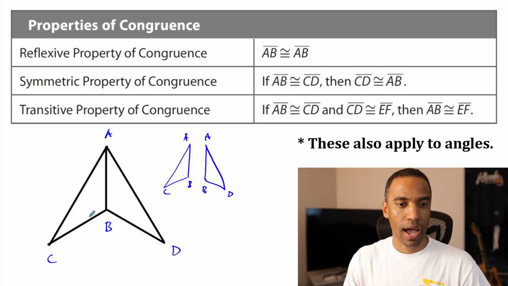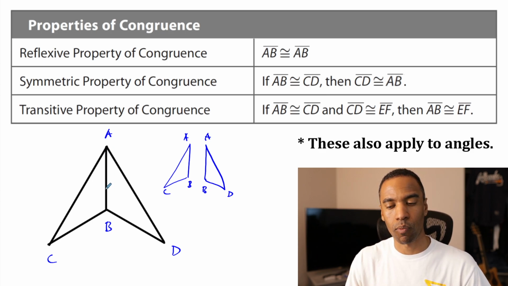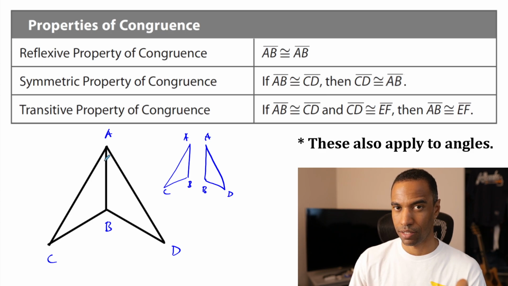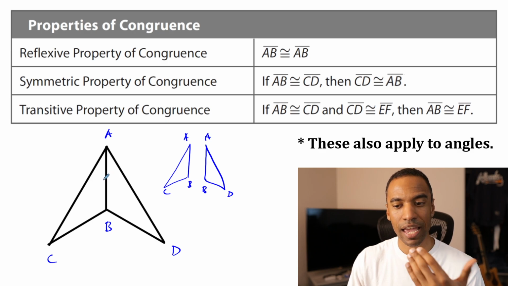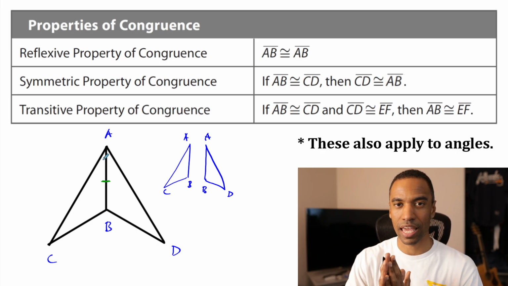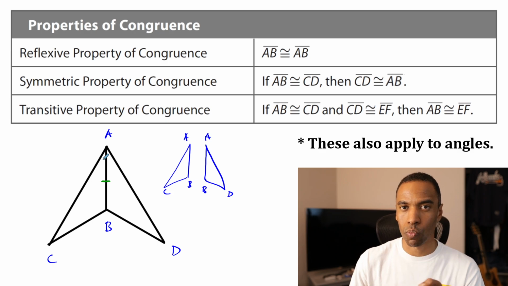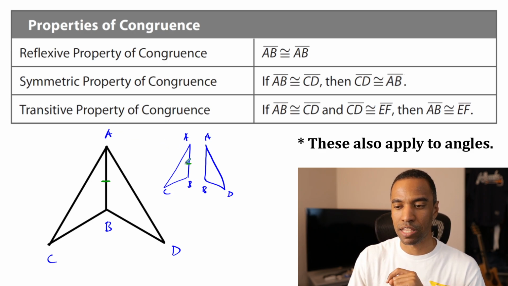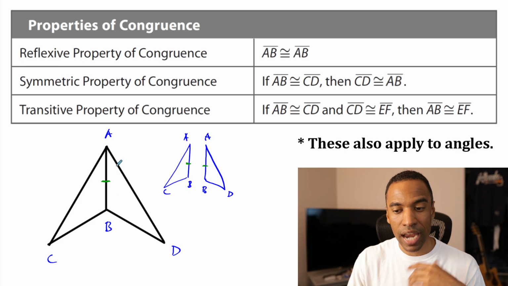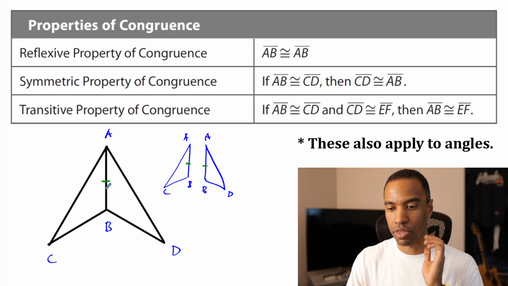But if you have a drawing where they're joined at the hip, where AB is literally a shared side in both of these triangles, there's no way that it can't be congruent in both triangles because it's the same segment in both triangles. When it's joined at the hip, it's congruent to itself, but it's really a way of us saying the AB in this triangle is congruent to the AB in this triangle. But that wouldn't be possible without seeing that it is a shared side in both of these triangles here.